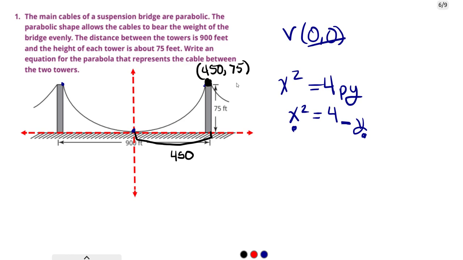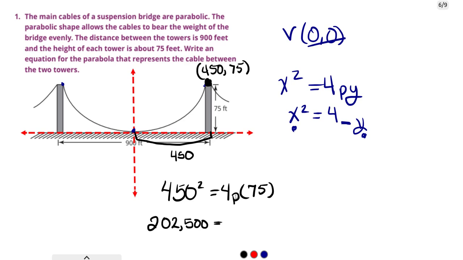And so we're going to take these pieces of information and we're going to calculate each of the things that we need. And so we're going to do 450 squared is equal to 4p times 75. So 450 squared gives us 202,500.